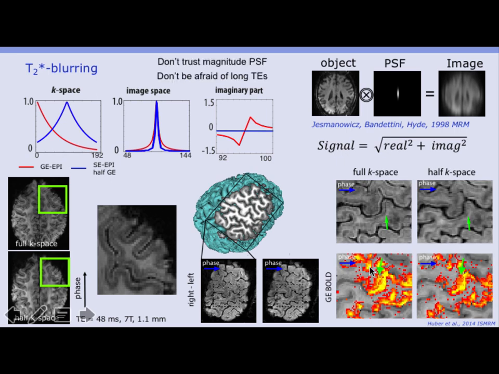So the take-home message here is: don't worry too much about these magnitude point spread functions. They are not really saying so much about the resulting resolution in the final EPI images. And don't be too afraid of long echo times, and never make too big compromises with respect to the echo time, for example, in order to switch to a center-out acquisition scheme in a kind of partial Fourier way.